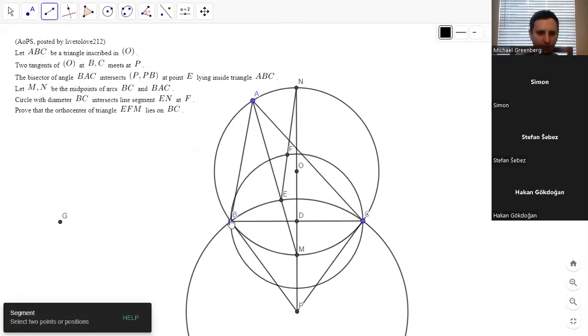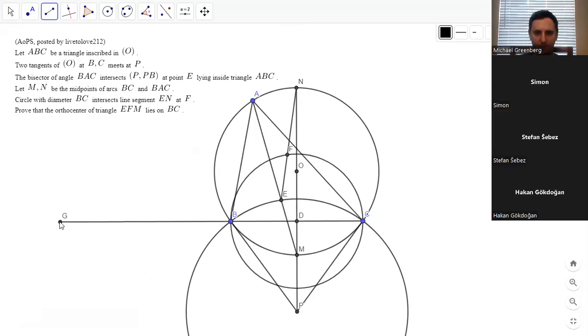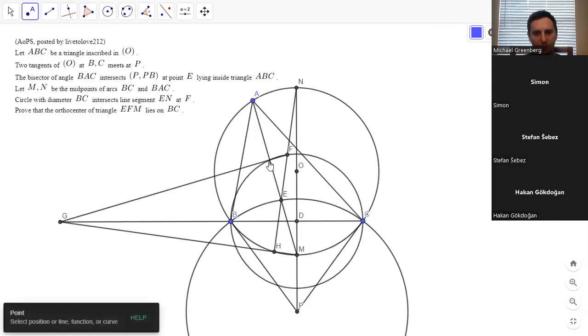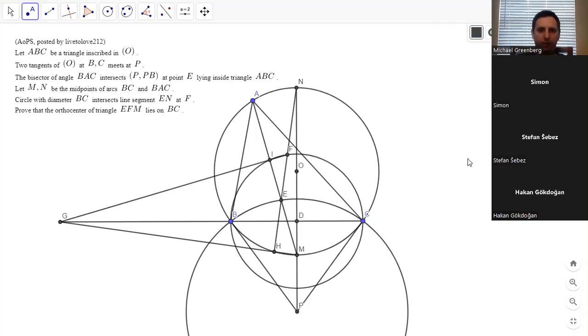We redefine things in a certain way. Let's see. So this is going to pass through that point. So we could let this intersect the circle at H. And we could let MH intersect it at G, something like that. And then we want to show E is the orthocenter of GFM. So there would be a lot of different points here. Like this would lie on this circle. So we have to figure out how we want to define things basically.